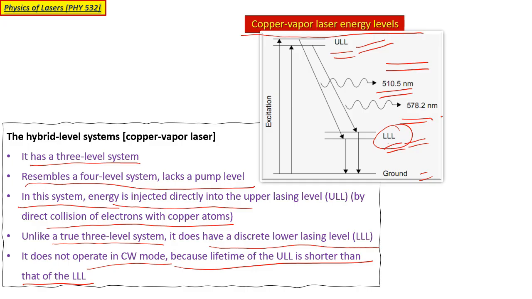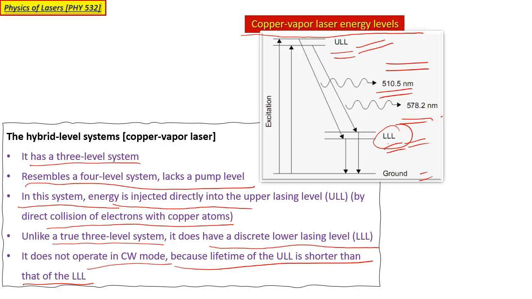But here, what do you see? First, energy is directly injected to the ULL, and in a short time it decays to the LLL, and the lasing emission happens between ULL and LLL.